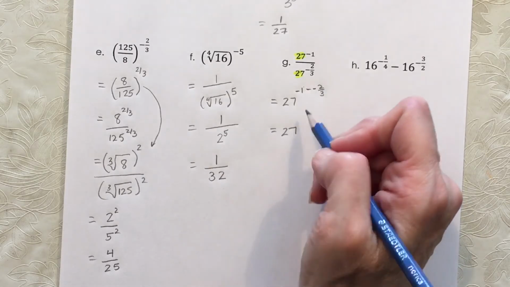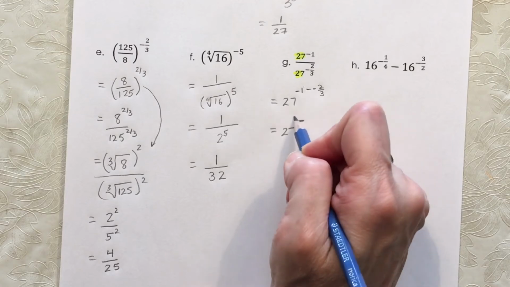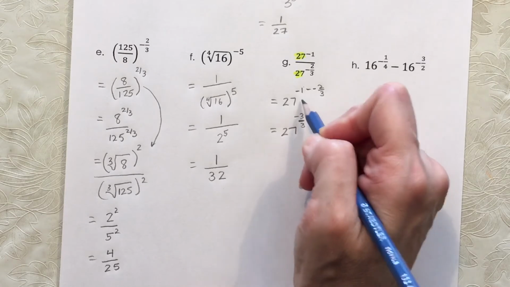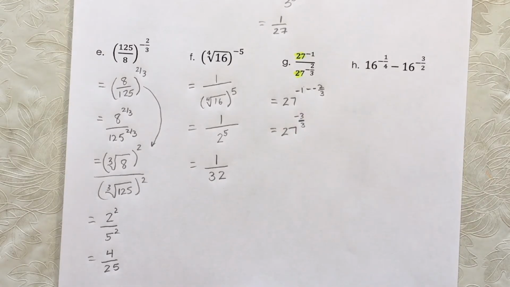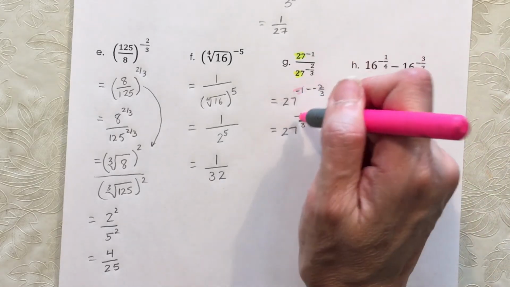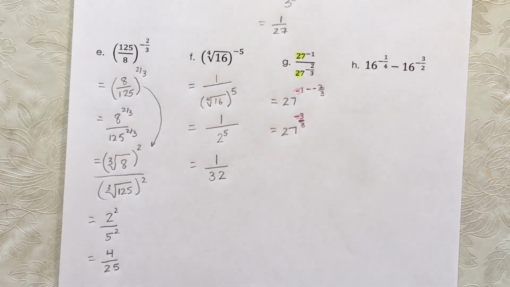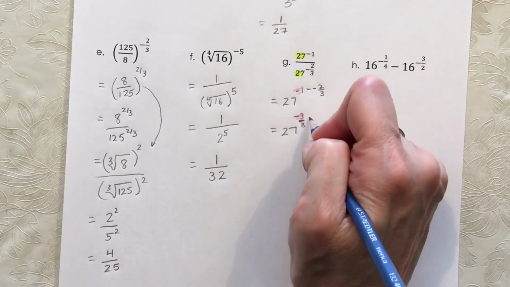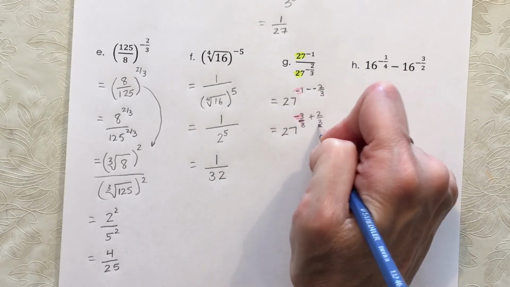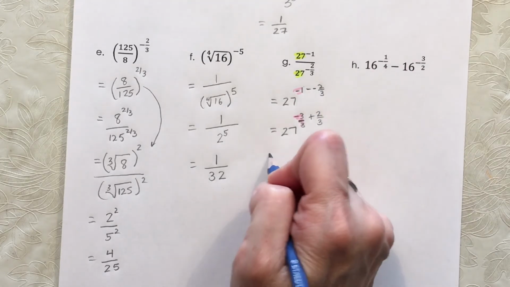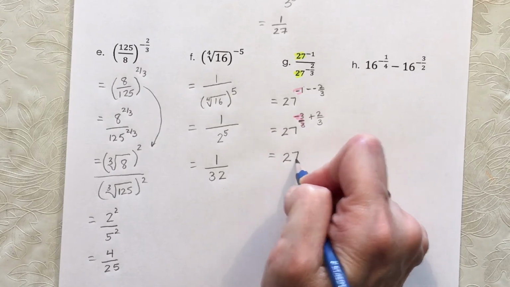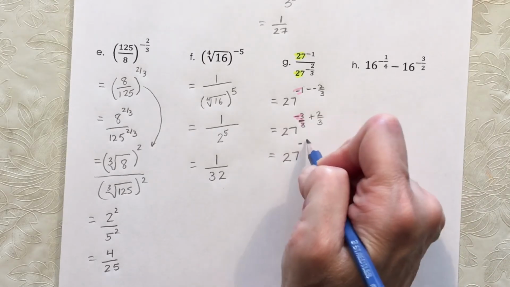So I end up adding, and I need a common denominator, so that's going to be -3/3, another way of writing -1, plus 2/3, because subtracting a negative is adding, which gives me 27 to the -1/3.